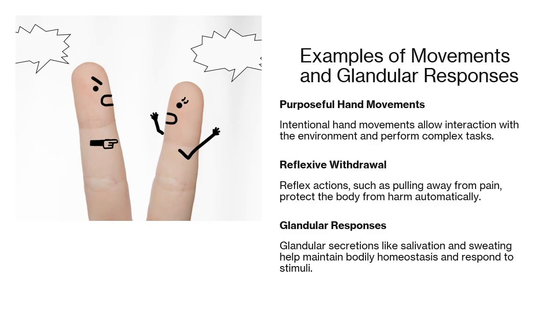And then, of course, we've got the glandular responses, things like salivation, sweating, that help maintain homeostasis. Think about it. You start thinking about food, or you smell some food that really smells appealing to you, and the saliva starts running in your mouth, and what it's doing is starting to get your system ready to take in that food that it is pretty sure it's going to get.